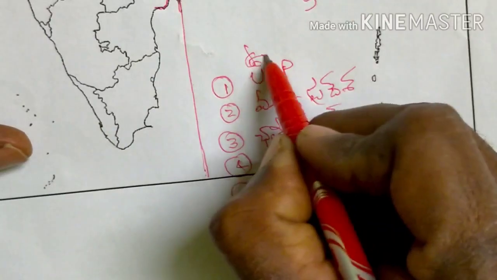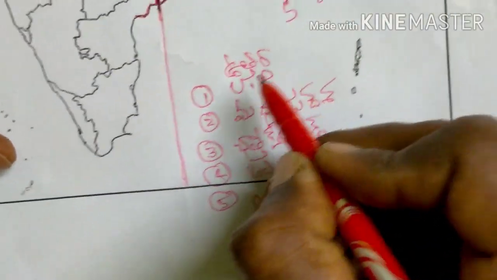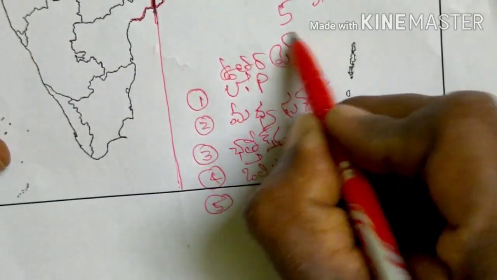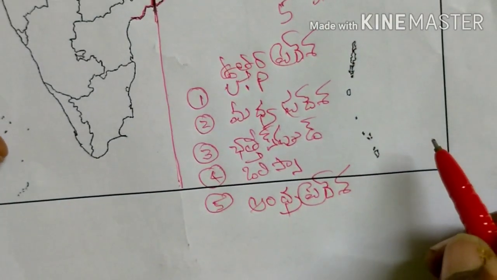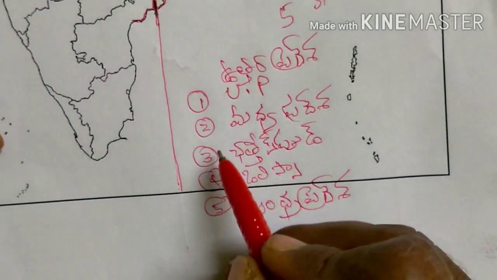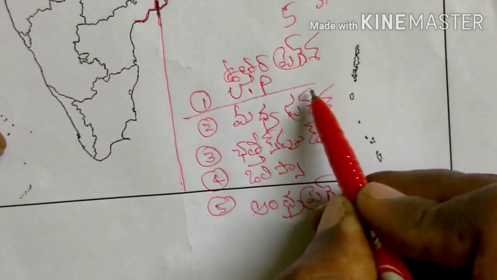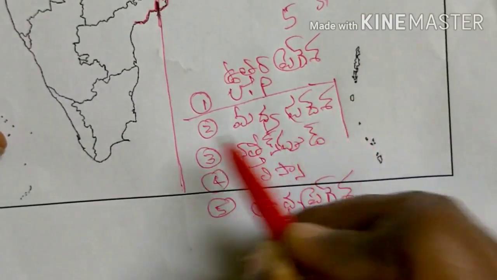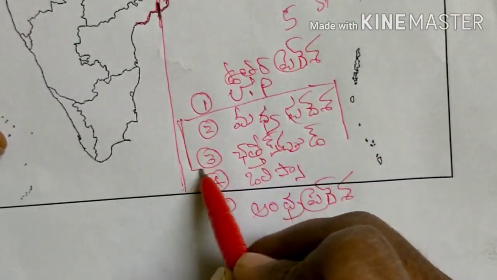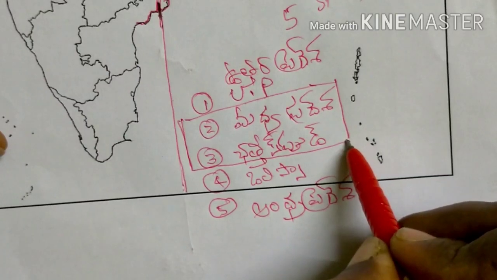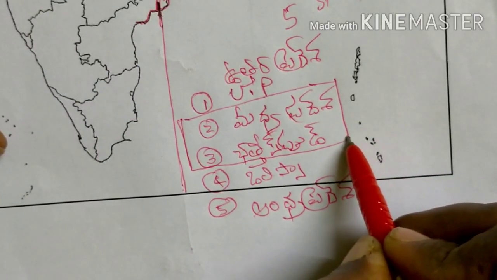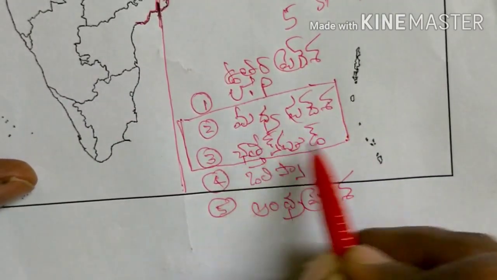This word 'macha' is common in both the Tropic of Cancer and the Indian Standard Meridian: Madhya Pradesh, Chhattisgarh.